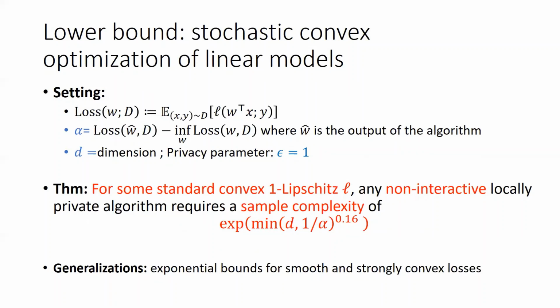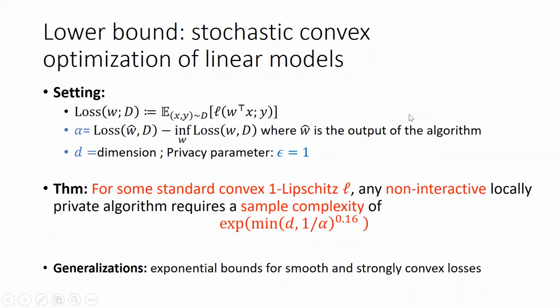Formally, there is a standard convex 1-Lipschitz loss function L, such that any non-interactive algorithm requires a number of samples that is exponential, either in the dimension or in the approximation error alpha, where we define alpha as the difference between the loss of the algorithm and the minimal loss that is achieved by the best choice of W. And I will add that the exponential dependence in the minimum of D and 1 over alpha is tight for linear models.